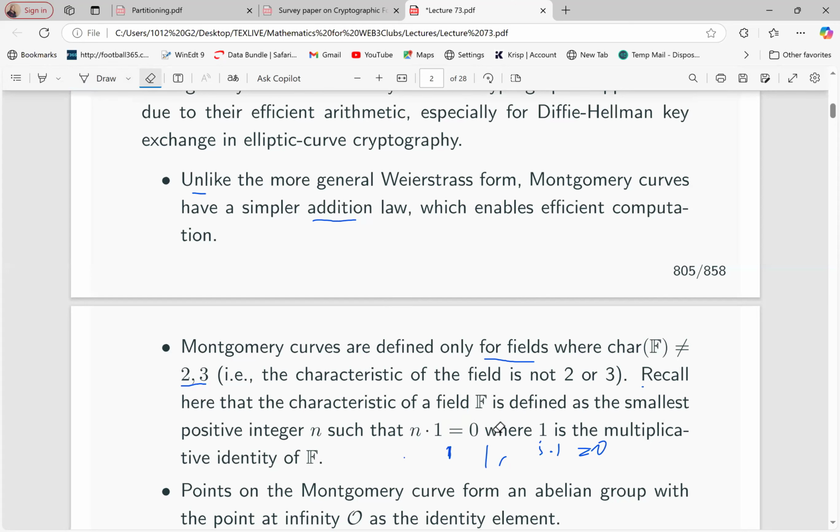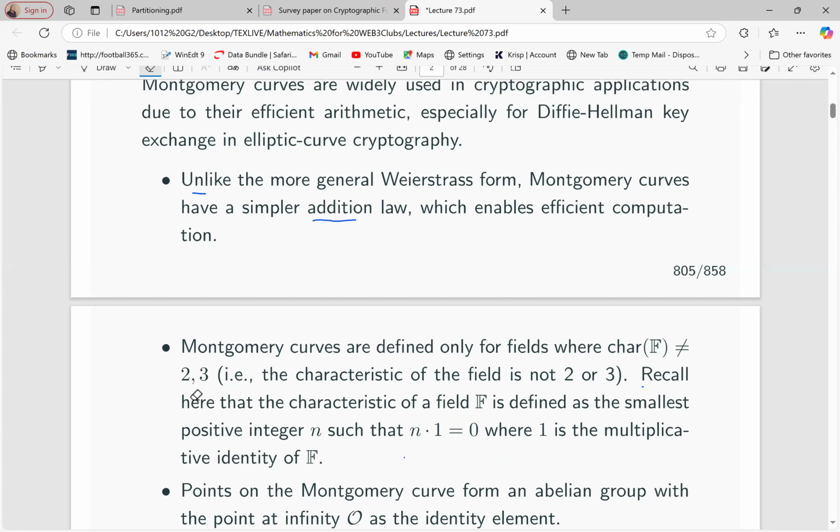So we are saying that we can define a Montgomery curve on a field whose characteristic is 4, 5, and so on, but not 2 and 3.